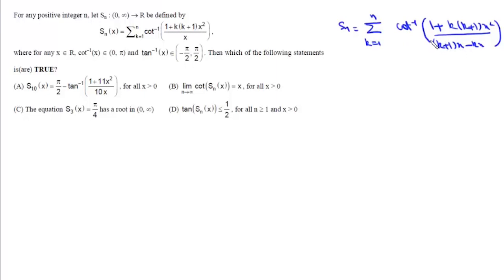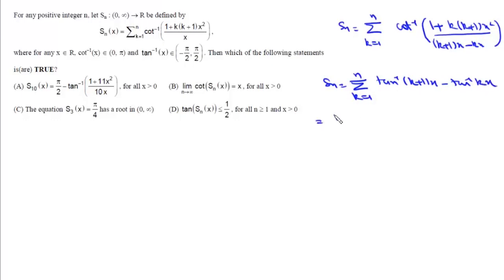If we take its reciprocal, then we can write it in terms of tan inverse, and we know that tan inverse (x minus y) upon (1 plus xy) is tan inverse (k plus 1)x minus tan inverse of kx. Now we'll simplify this summation.